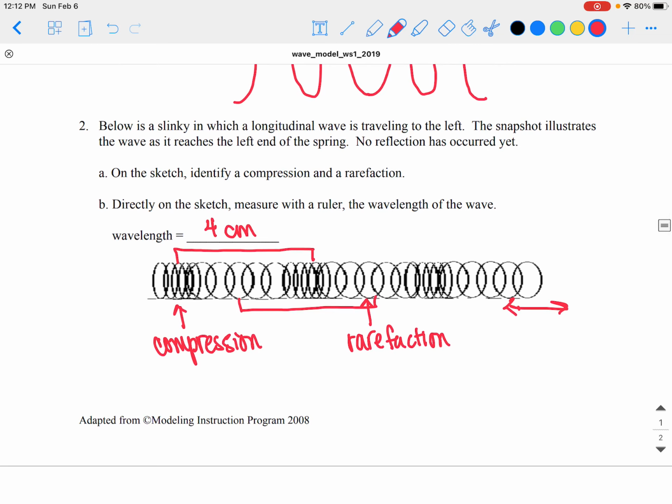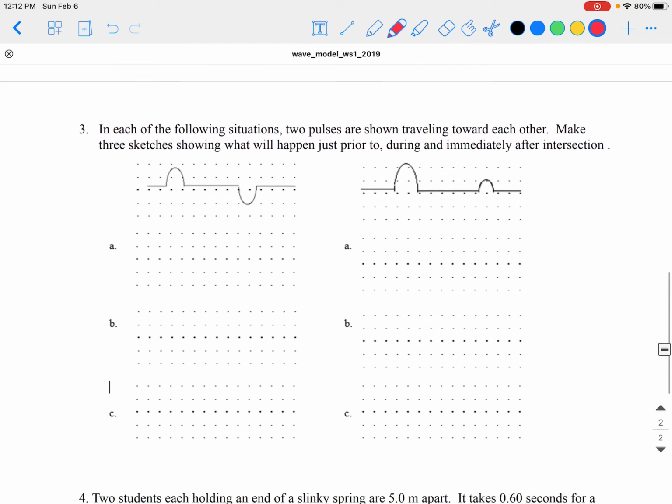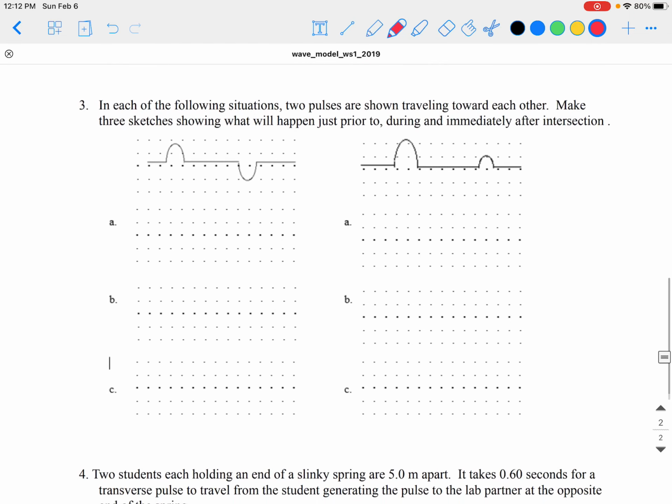Okay, in this next question, it says, in each of the following situations, two pulses are shown traveling toward each other. Make 3 sketches showing what will happen just prior to, during, and immediately after intersection. So what we know about waves, when they come together, the amplitude actually adds together. So this is just before.